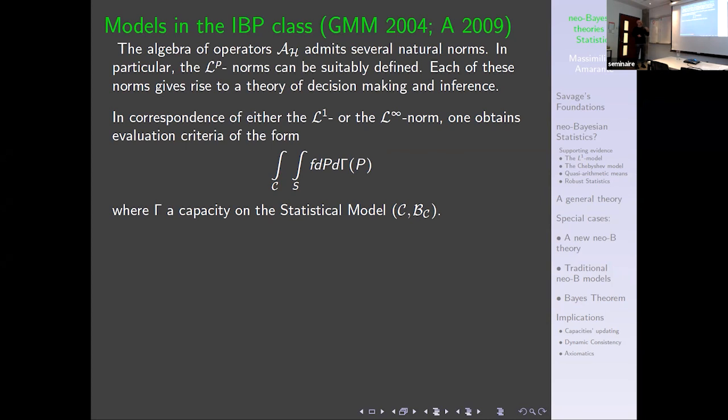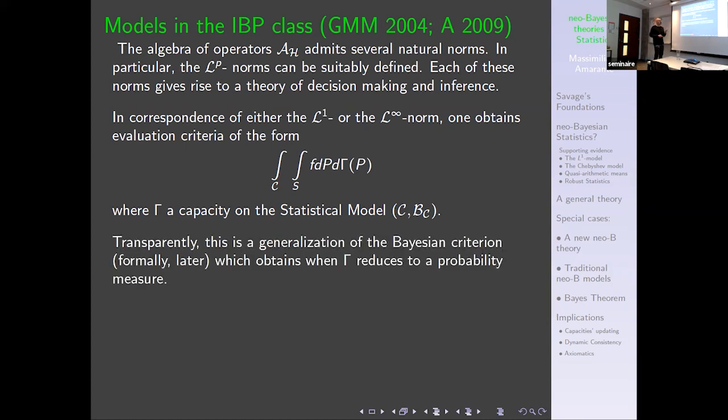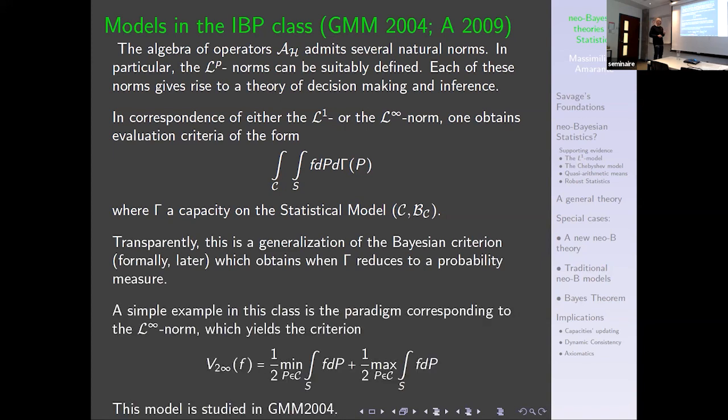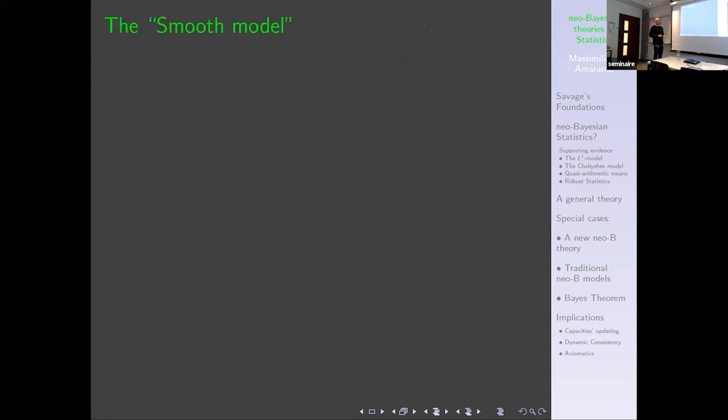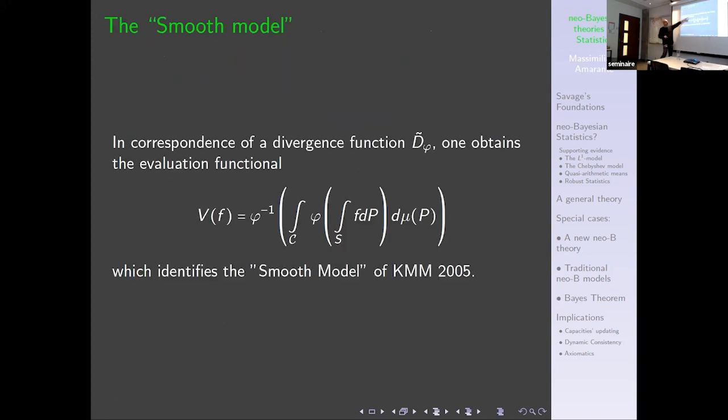So now we have identified some of the alternative probability theories and the alternative statistics that correspond to axioms 1 to 5. This is a very special case. In correspondence of the similar divergence functions just adapted to the norm that I defined before, we get this functional like this, that is exactly the smooth model that I had mentioned this morning.